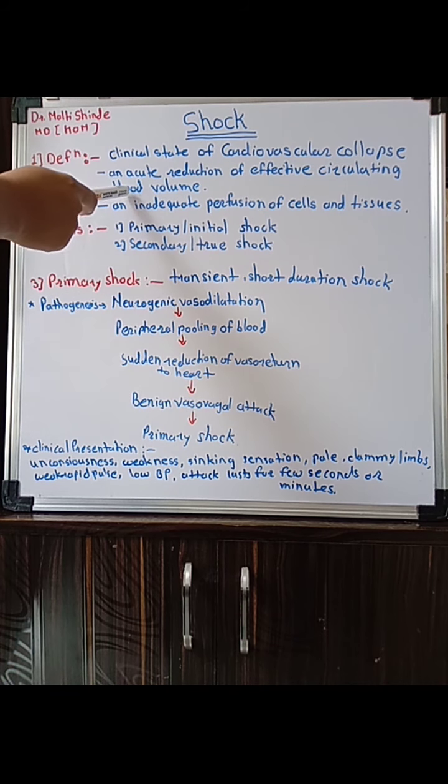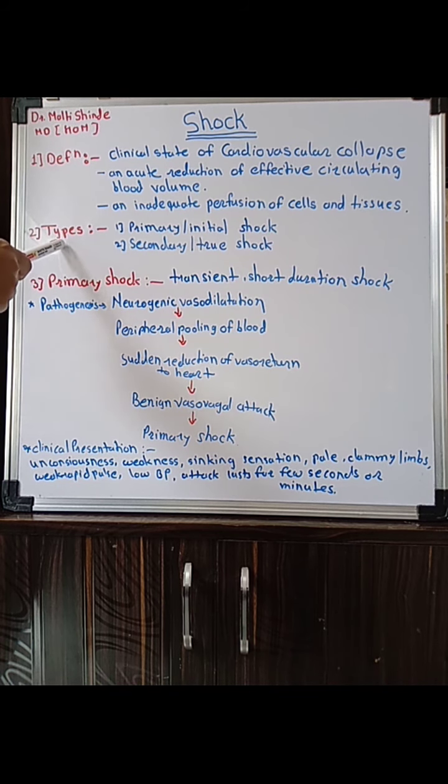Due to the reduction in blood volume, the cells and tissue do not get an adequate supply of blood, that causes the clinical state we define as shock. So this is the definition of shock.